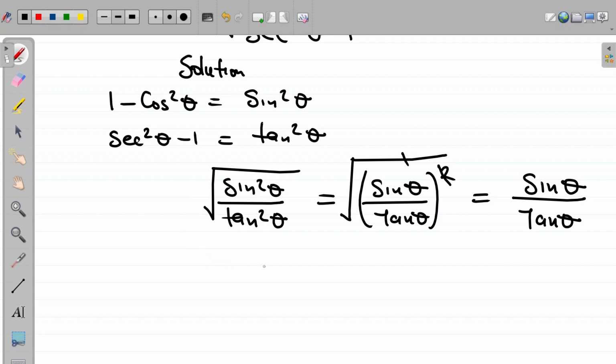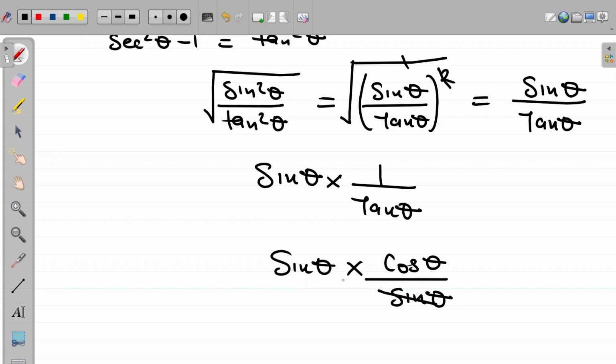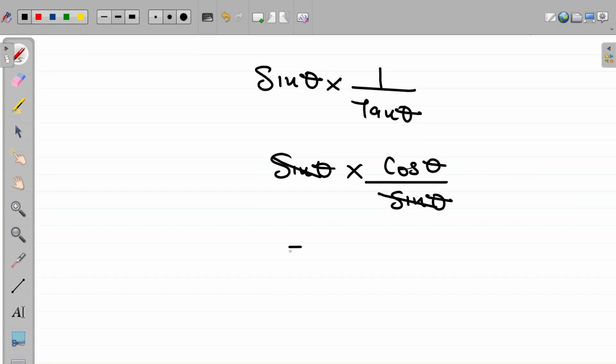Now our equation can be expressed as sine theta multiplied by 1 divided by tan theta. This can be given as sine theta times cos theta divided by sine theta. So sine cancels out sine. This is giving us cos theta. So therefore, that is the answer.